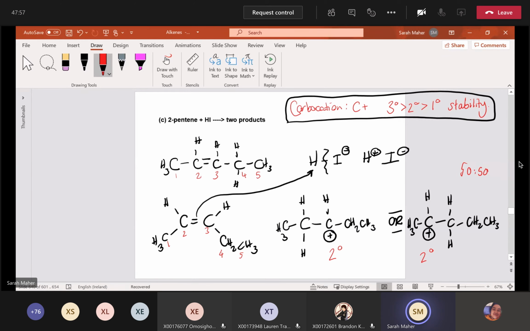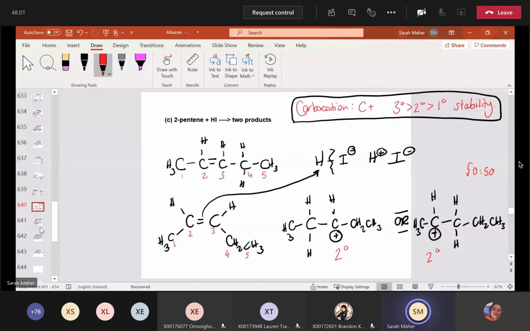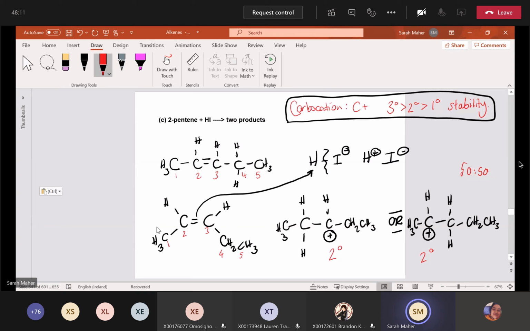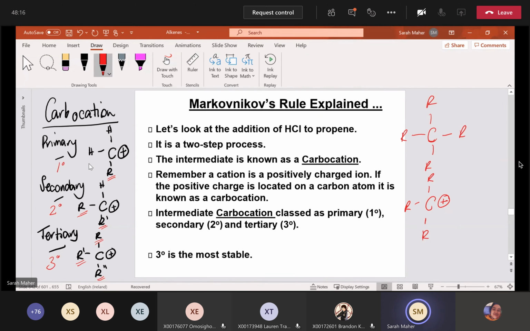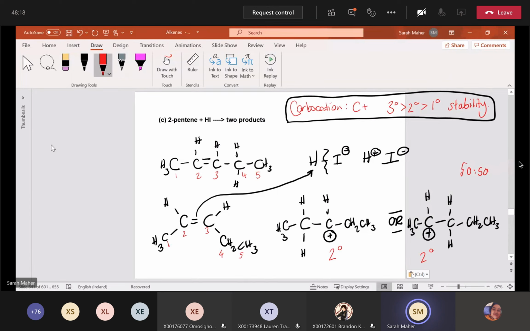Alright, let me just copy all of this. Okay, so both of the carbons are secondary carbocations. Now, that's what we did yesterday, so we have primary, secondary, and tertiary carbocations.